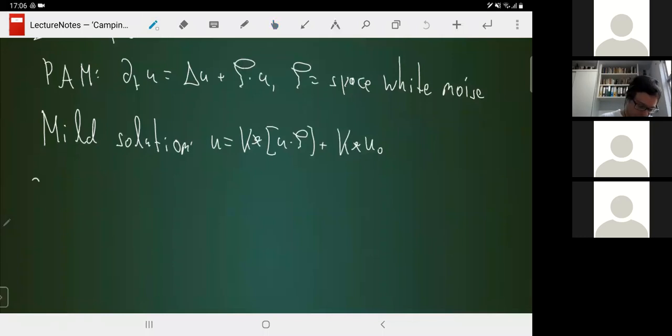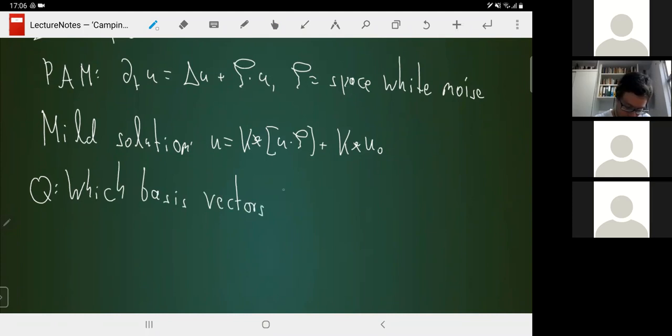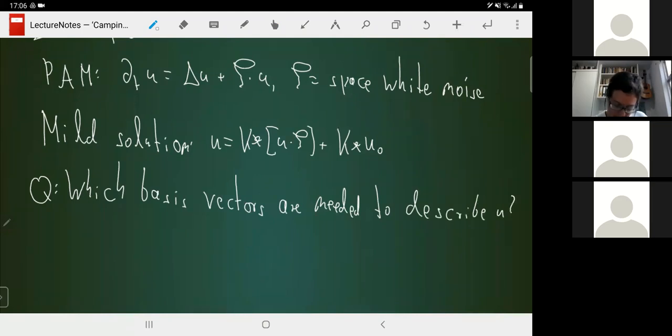Which basis vectors are needed to describe u? And what you will see is there's an algorithm for that. And I will present this algorithm.